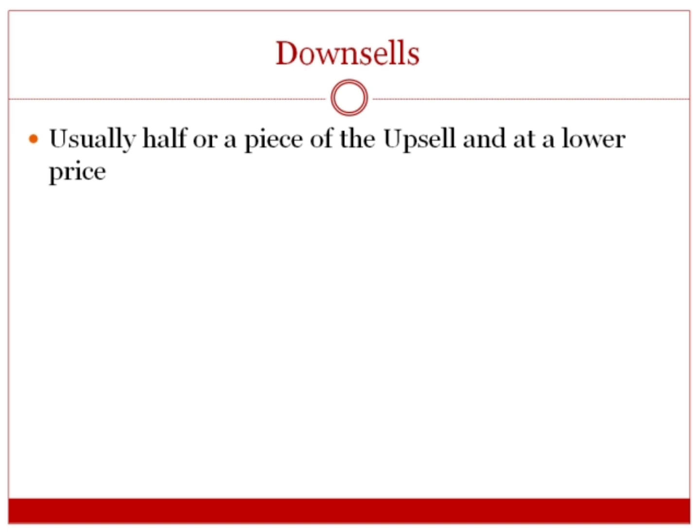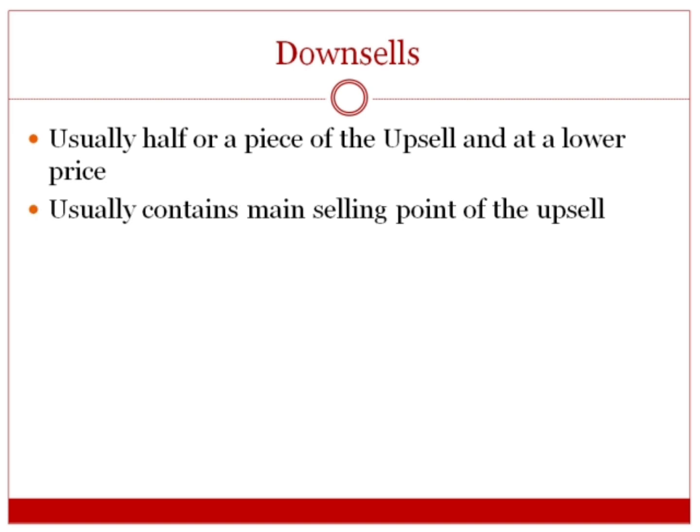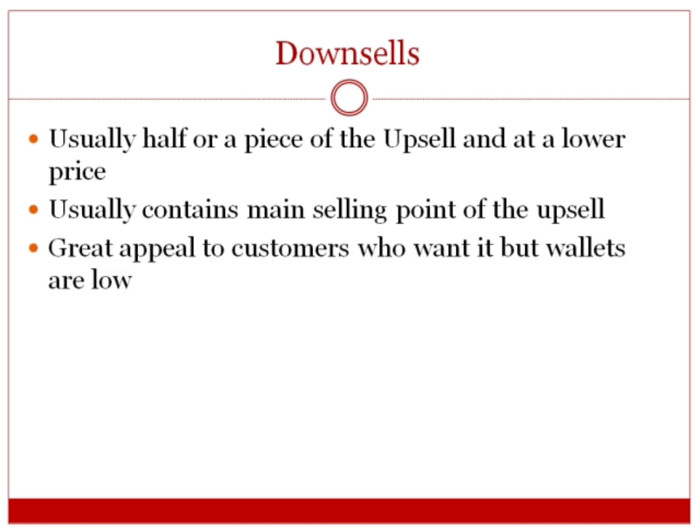So it's not like you're offering the upsell for a lower price. That would not be good for your customers. It's just a downsell is usually a piece of the upsell for a lower price. And it usually contains the main selling point of the upsell. But it's a great appeal to customers who want it, but their wallets are low on cash.